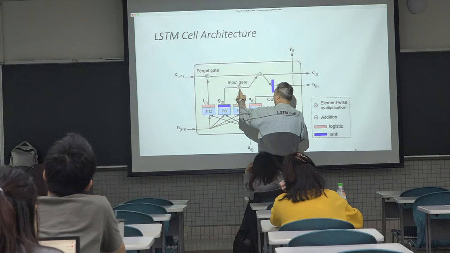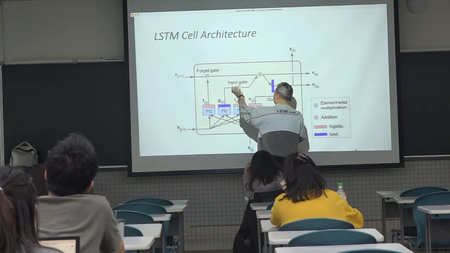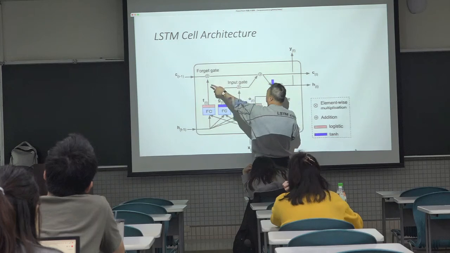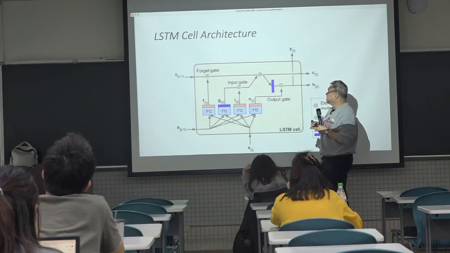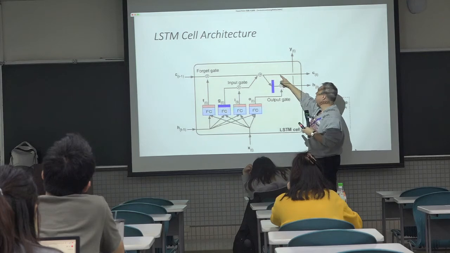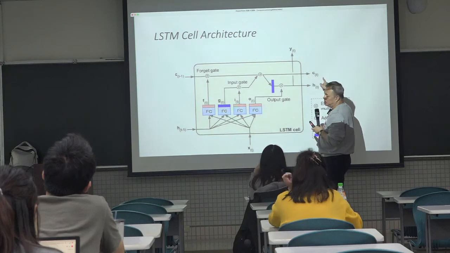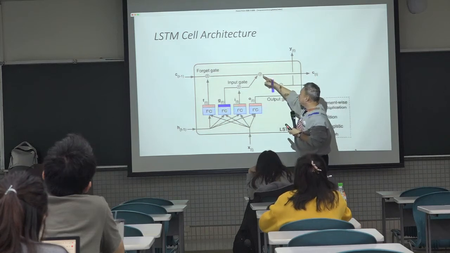So by multiplying this output with a 0 to 1 value, it sort of selects certain information to be kept long term. Then that part of the information is added to the long-term state, and this one will pass straight out as the next long-term information.